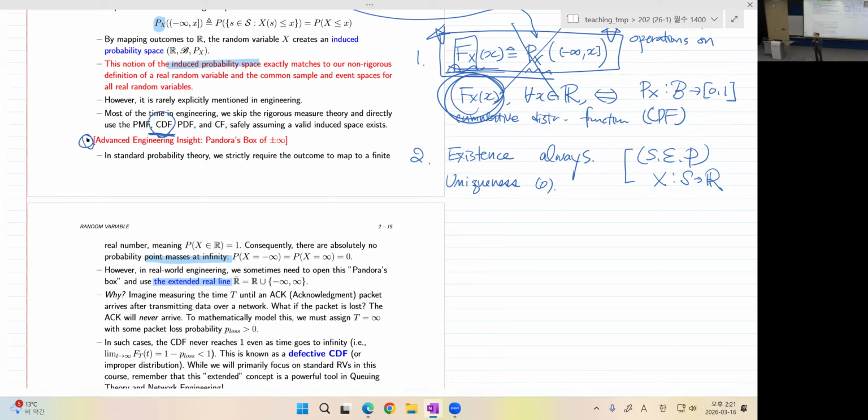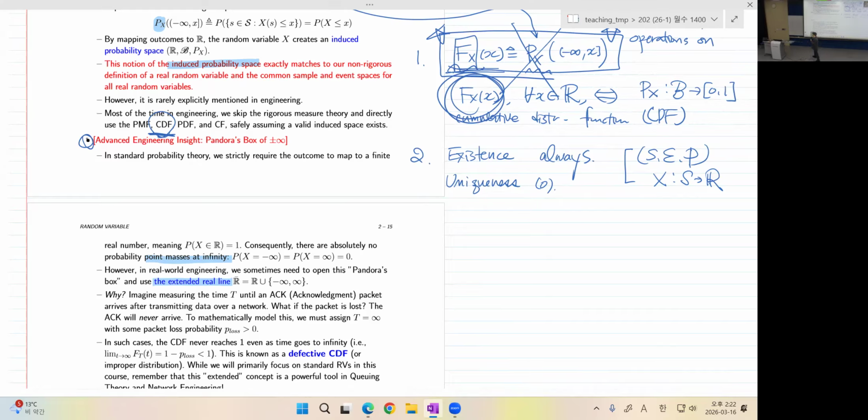The problem is that your packet may get lost or your ACK packet may get lost during the routing. In that case, what kind of number do we have to assign? Infinity, because it didn't come back, right? The echo didn't come back. And that round trip time would be well modeled as a random variable. So definitely, due to the mechanism of the internet, we sometimes have to assign infinity.